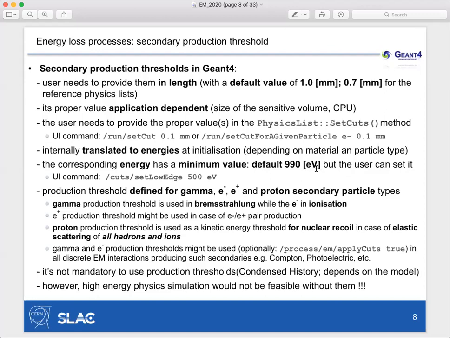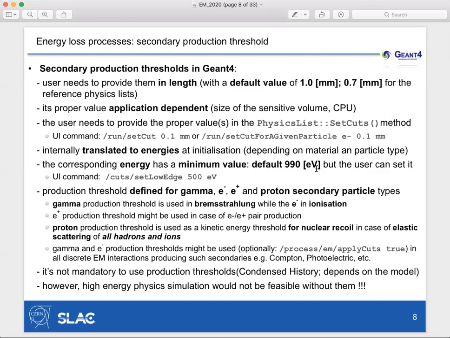However, there is a flag that you can turn on. You can see the UI command process EM apply cuts true, which will apply the production threshold in all electromagnetic interactions. If you turn it on, then you should not see secondary electrons coming from electromagnetic interactions with an energy lower than the production threshold.